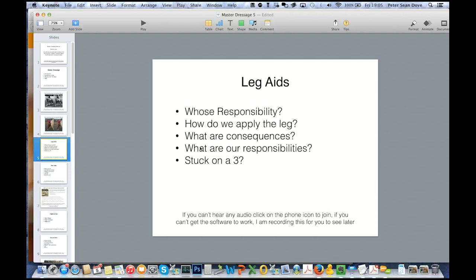The leg should be a short, clear aid with a release. So let's take it down to the level of a squeeze. When somebody says squeeze, to the normal person, that means press in as if you're trying to squeeze the sausage meat out of the horse or something.